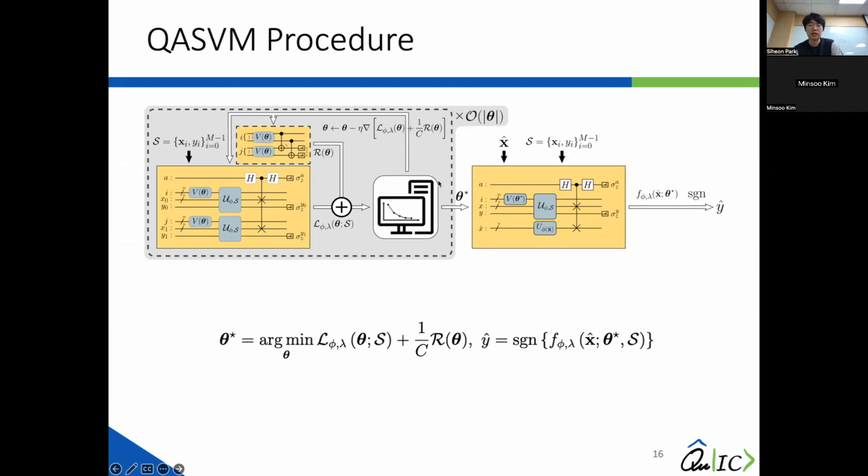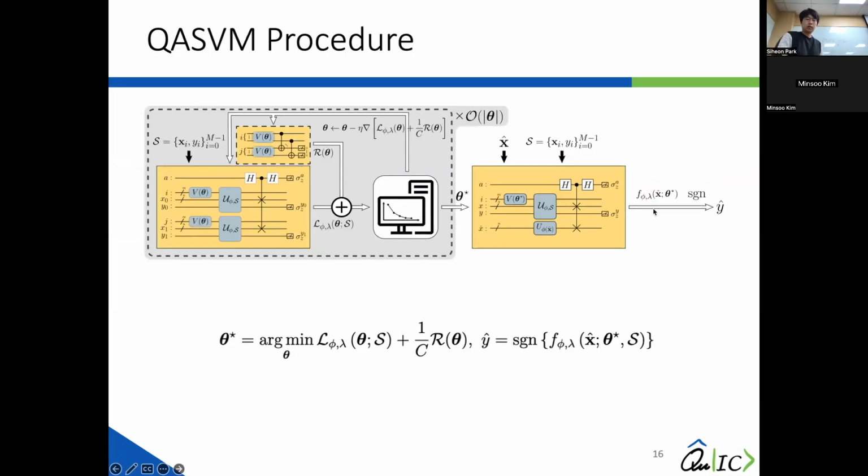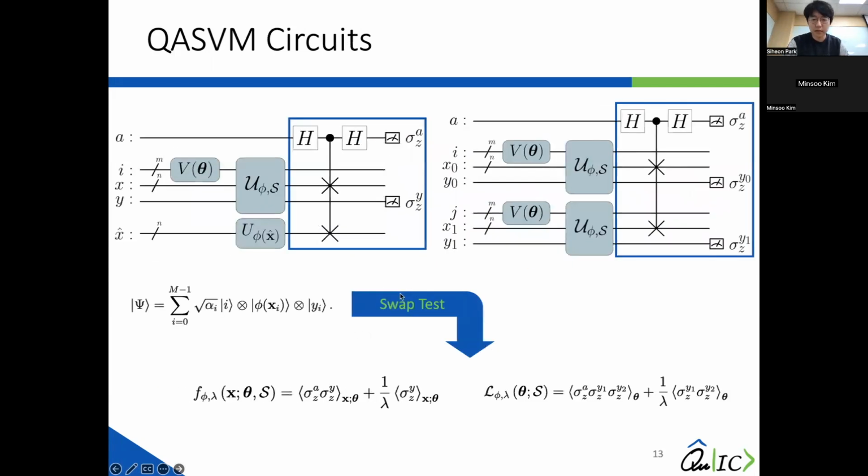And we get the optimal value theta, which is a parameter for this quantum circuit. We feed it into another circuit and get the decision function and classify the new, unseen data.